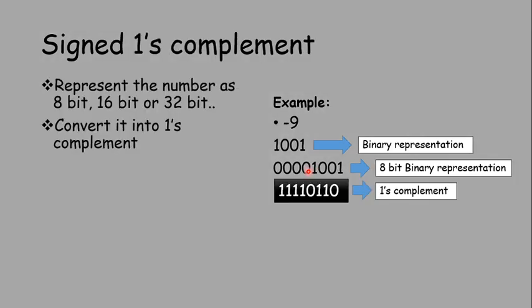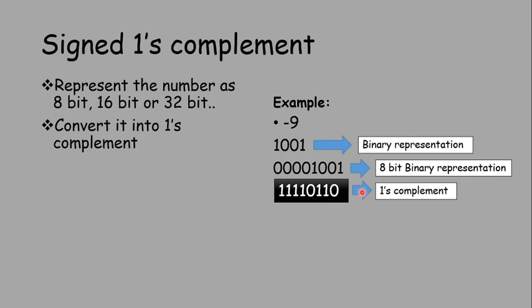Then signed one's complement. What are the rules? Represent the number as 8 bit, 16 bit or 32 bit, then convert it into one's complement. I am taking -9 again. First 9 will be converted to a binary number: 1001. Then the 8 bit representation, by adding 4 zeros, similar to the previous one.